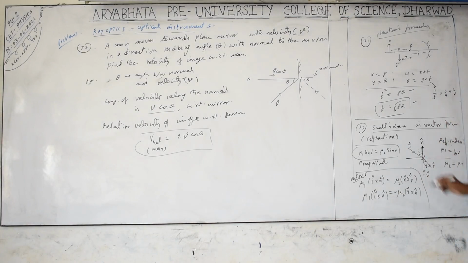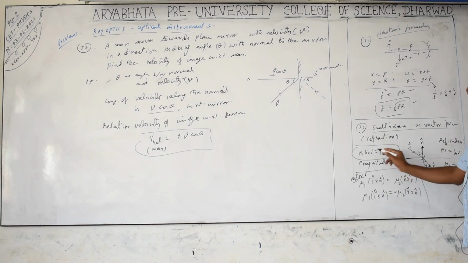Upwards positive, downwards negative; right side positive, left side negative. The angle between n and the incident light ray is i, magnitude only. But in vector form you take i cap, the unit vector along the incident light ray, and r cap along the refracted light ray. r is the angle of refraction. These are unit vectors, with magnitude 1.